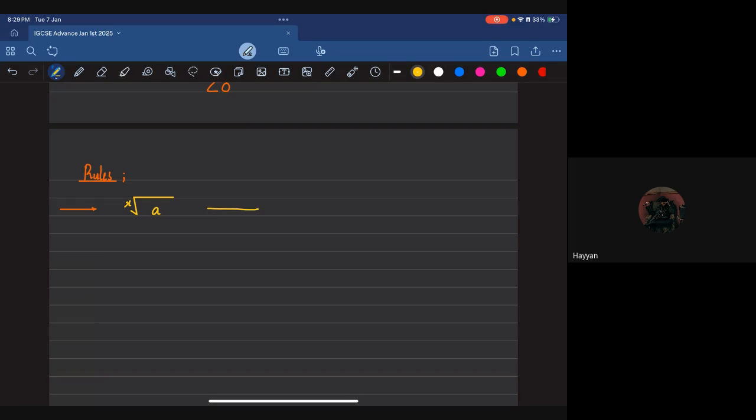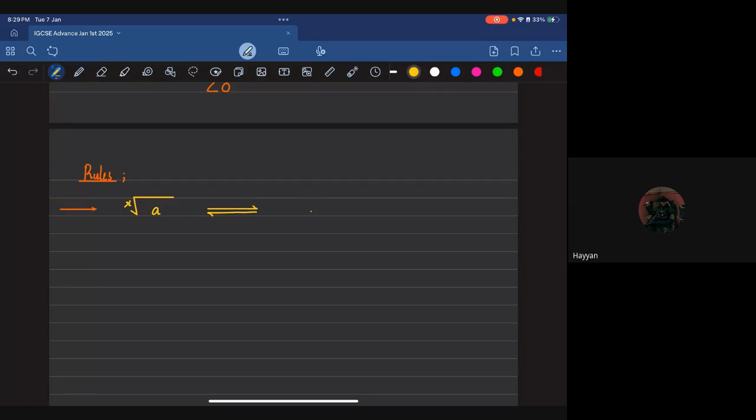Now this is interchangeable. How? This can be displayed in index form, and this is already displayed in surd form. So from the index form, you can convert it right back to surd form.